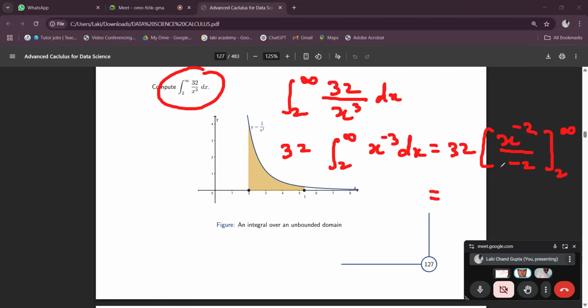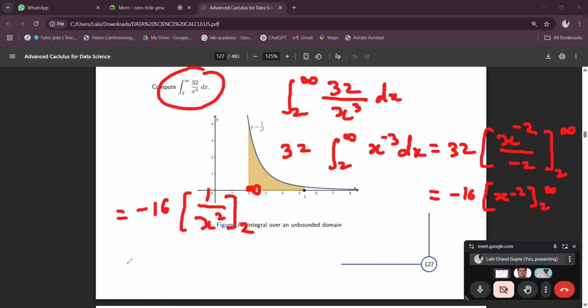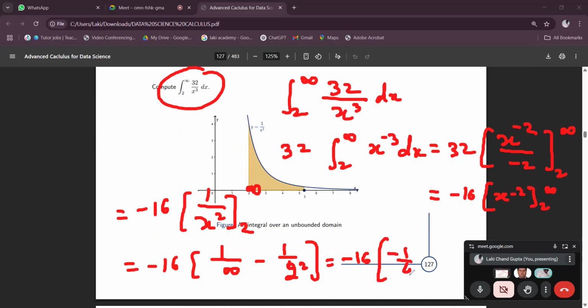So you will get minus 16, x raised to minus 2, which is 1 over x squared. When you put infinity, you get 0. And this is minus 1 over 4.